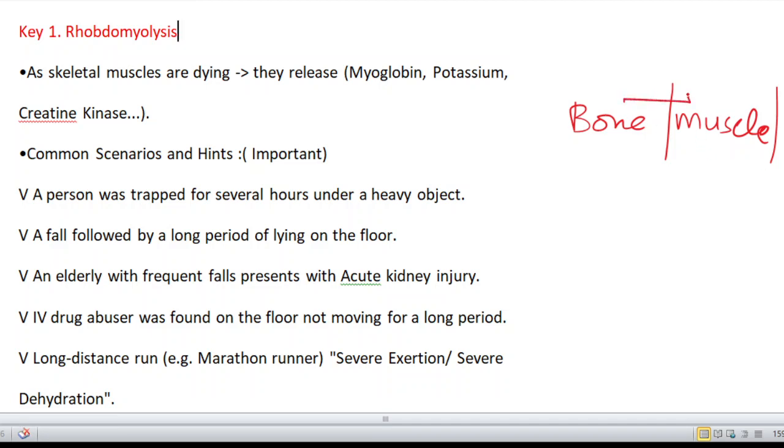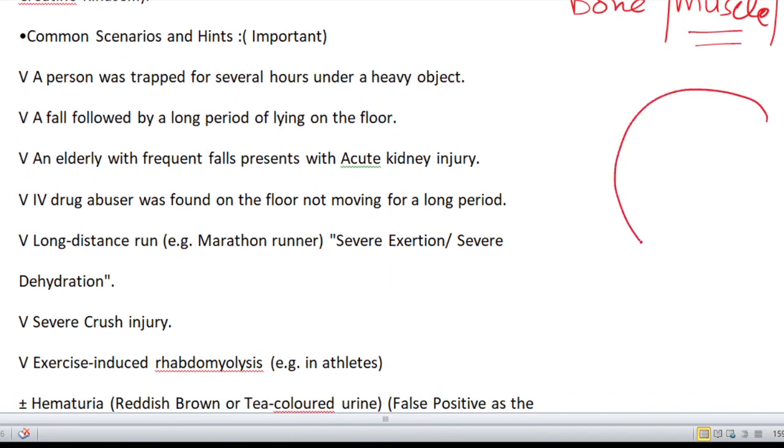Whenever you push your muscle against any rough surface or floor, or by any means, you destroy the muscle cells. The muscle cell will release, first of all, potassium, because cells are the bags of potassium. So the person will develop hyperkalemia.